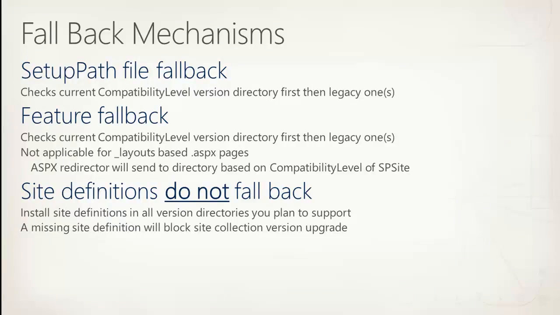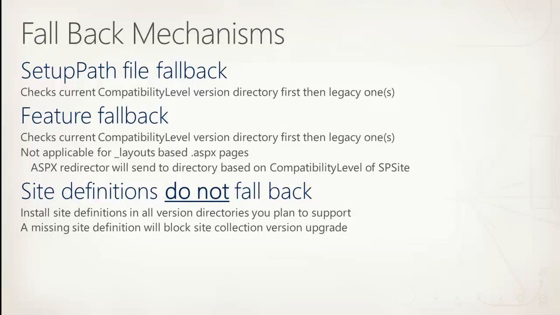However, when you are in the 2013 experience, if a feature doesn't exist, it will attempt to fall back to the previous version's feature directory. So if you have, let's say, some nav links or other action elements that you're adding, then it can get those from that previous version.